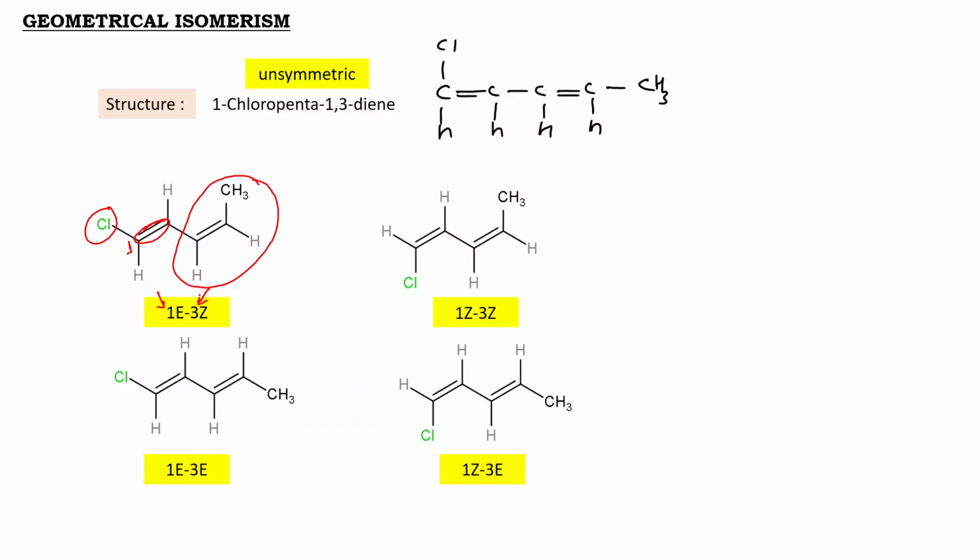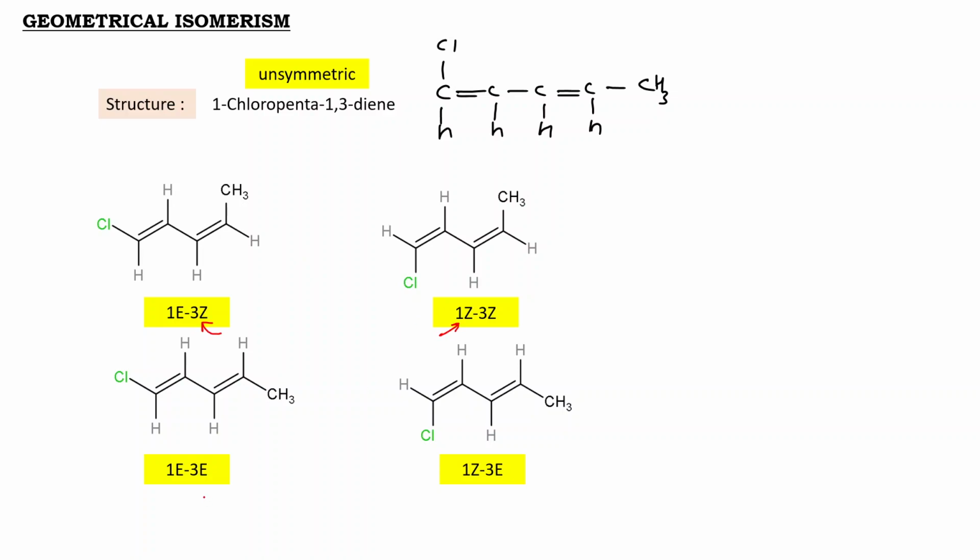It's better to look at the lower priority group, which is hydrogen, because that would be easier. So take a look at these hydrogens, they are opposite. So the double bond at carbon number 1 is Entgegen. The double bond at carbon number 3 is Zusammen, because these hydrogens are together, as you can see, right? Similarly, you can figure out the rest of these molecules.